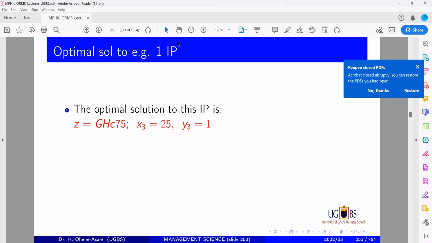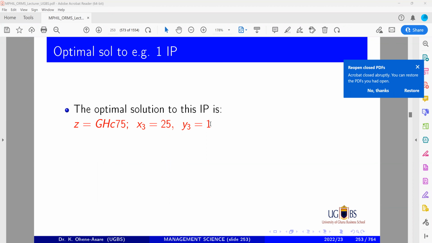Okay. It just goes to show that our final Z function is 75 profit, and we are producing only pants. So we are only producing 25 units of pants, and therefore we only incur the pant machinery. So you can see that Y3 is 1. We've only incurred the pant machinery.